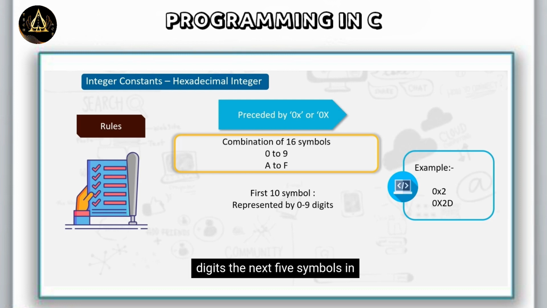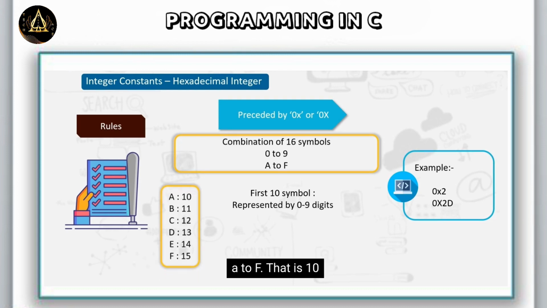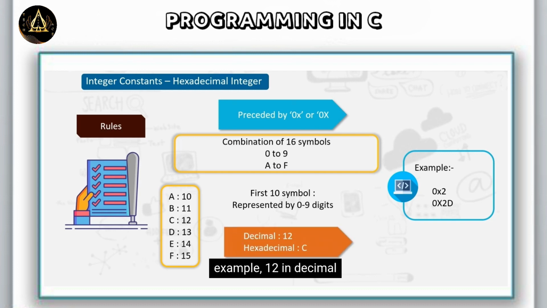The next 6 symbols in the hexadecimal number system are represented by A to F. That is, 10, 11, 12, 13, 14, 15 in hexadecimal numbers are represented by A, B, C, D, E, F respectively. For example, 12 in decimal is represented as C in hexadecimal.